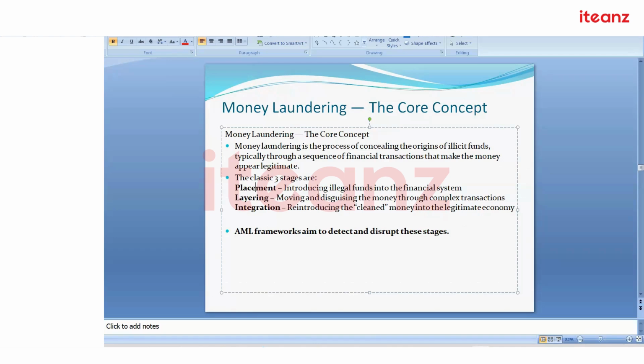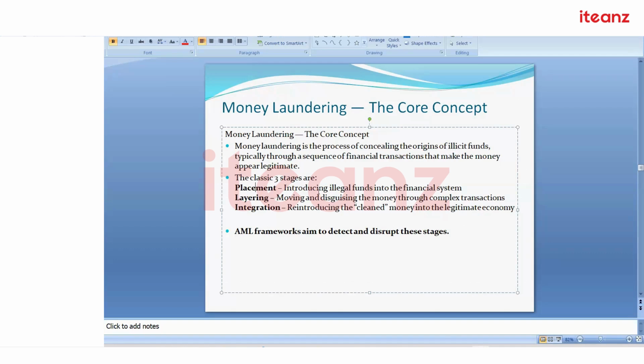So now your brother places that money into the bank system, transferring it to ABC. This is called placement. Then ABC moves the fund to XYZ. That is called layering.